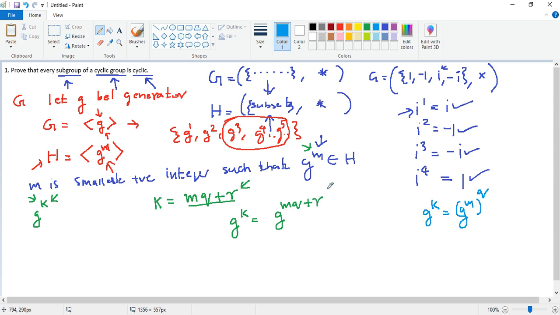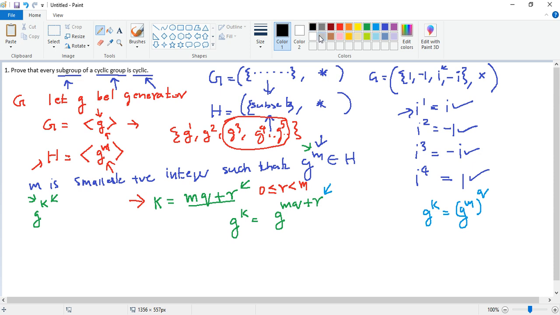So what we don't need here is this r, right? So now, according to Euclid's division lemma, when you write something like this, you have this condition that 0 is less than or equal to r is less than m, right?